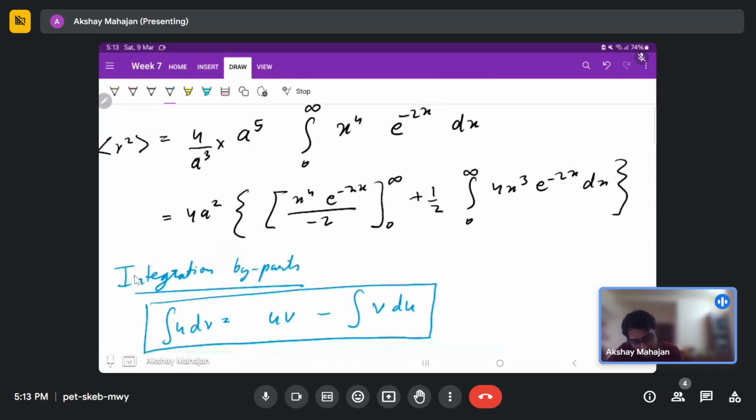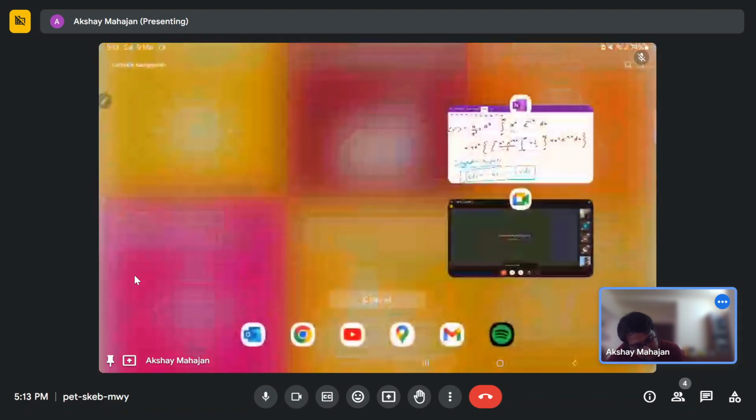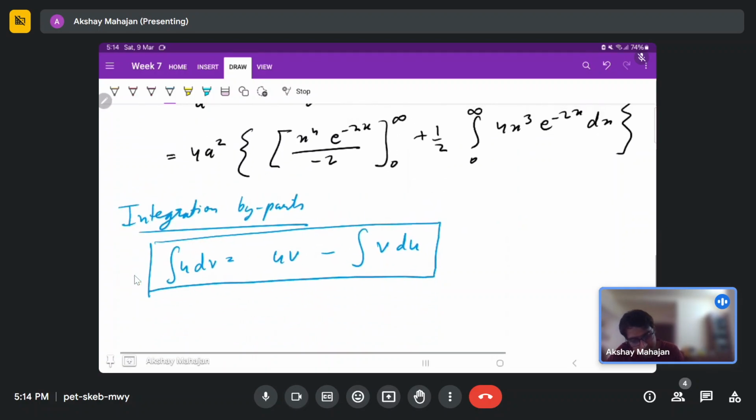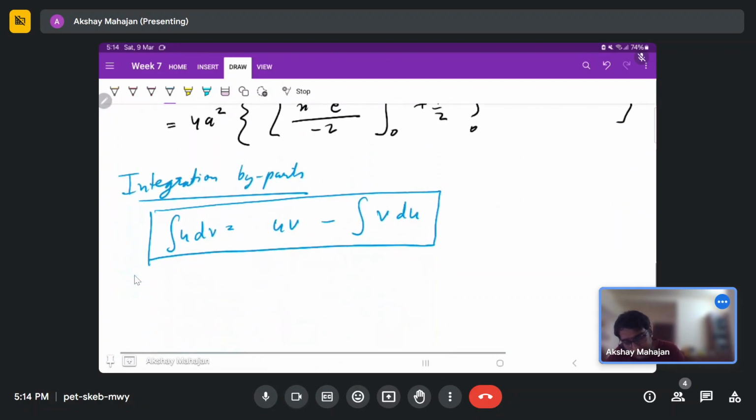Here I have taken this function as my dv and this as my u, so I integrated one and differentiated the other. This is the formula that I am using.